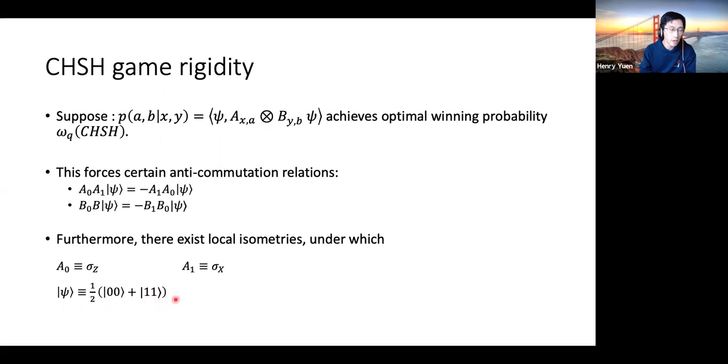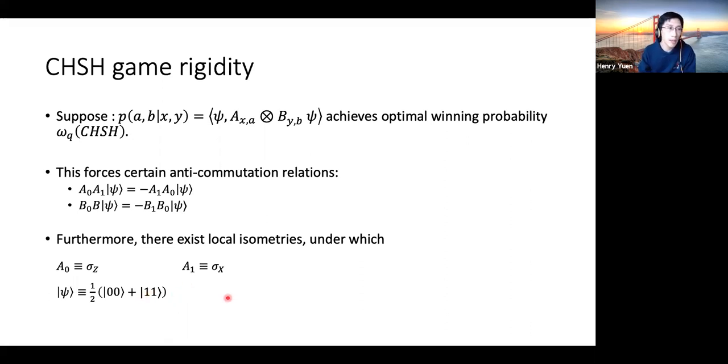Also under these isometries, the state looks like the maximally entangled state, 0,0 plus 1,1. Of course, if the state psi that you walked up with was an arbitrary dimension state, say dimension 1,000, this isometry would extract out a two tensor product of C2 tensor C2 and identify this state inside. The operators A0 and A1 would only act on that part of the space.